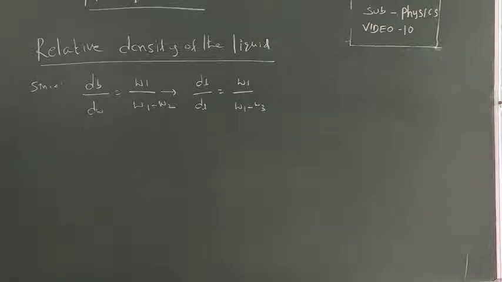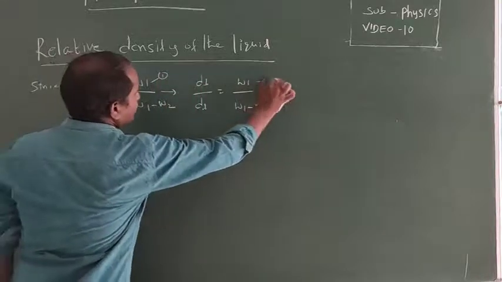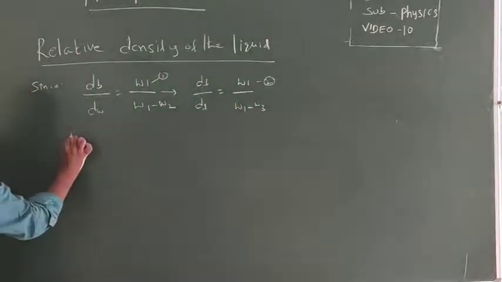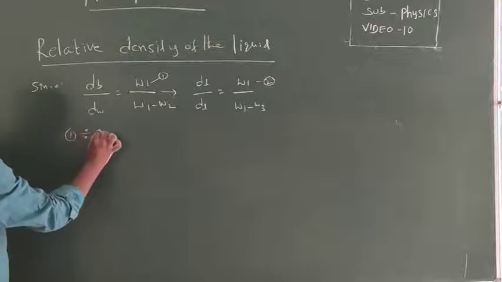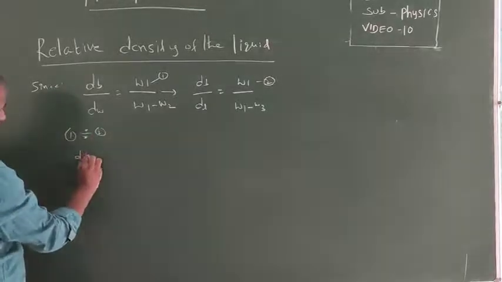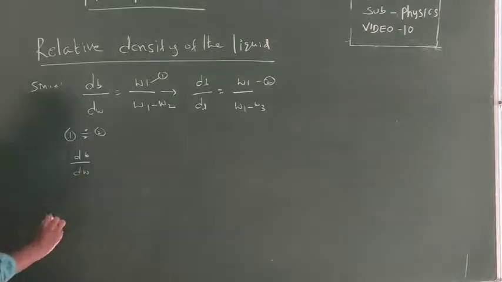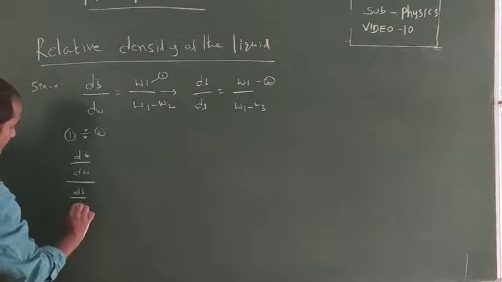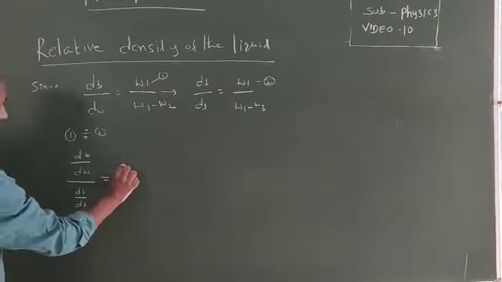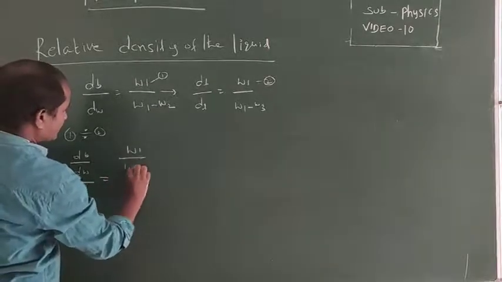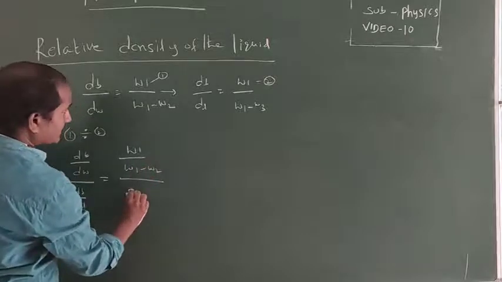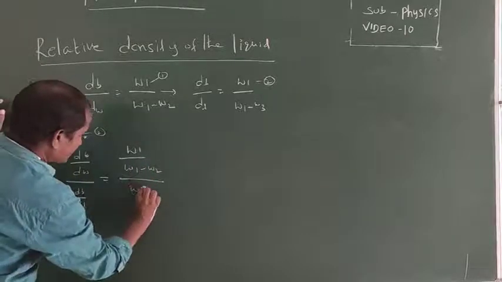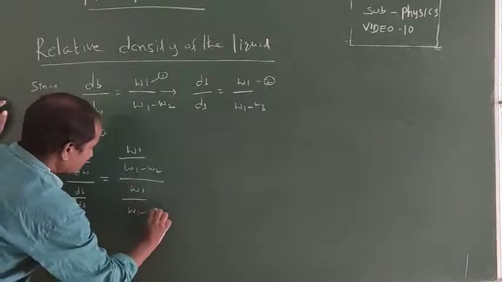So take equation number 1 divided by equation number 2. That means density of the body by density of the water divided by density of the body by density of the liquid equals W1 by W1 minus W2 divided by W1 by W1 minus W3.